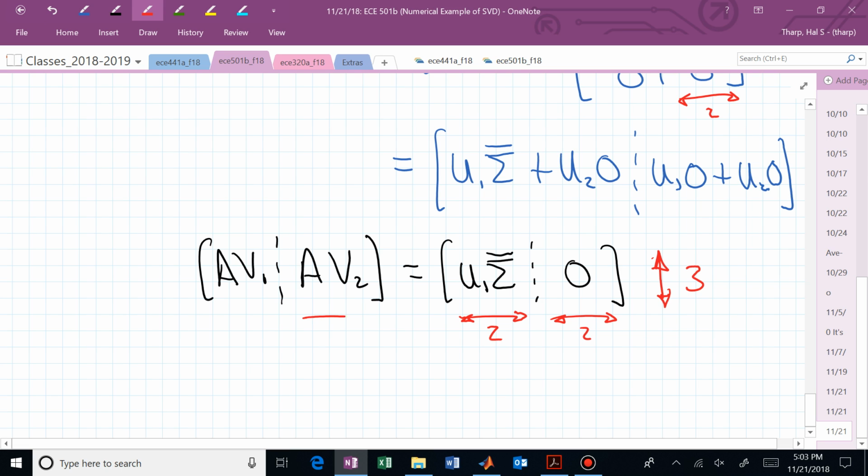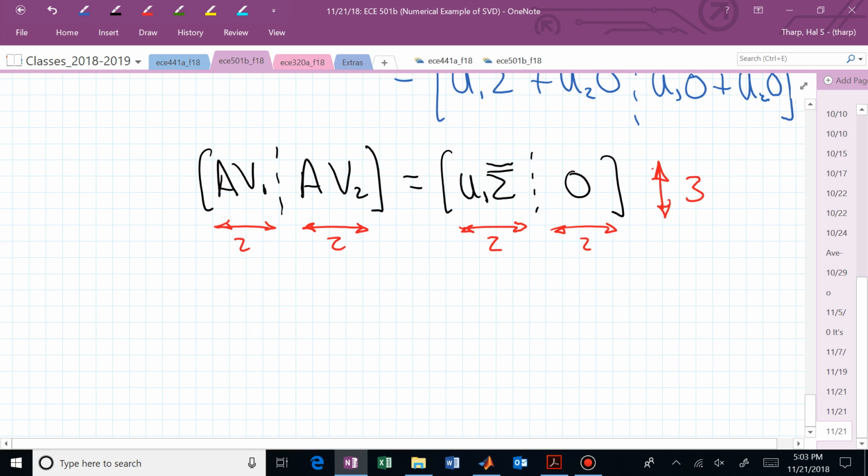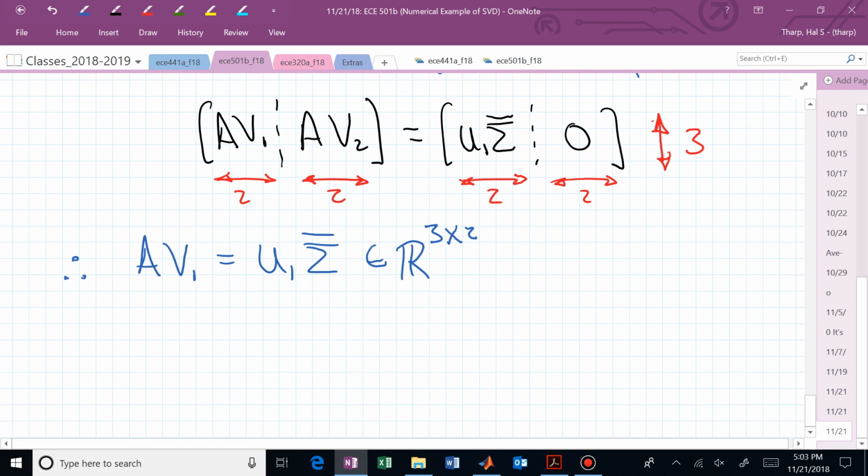So now we can see that V2 consisted of 2 columns, so that AV2 is 2 columns wide, and AV1 is 2 columns wide. What does that tell us? Well, now we can say that AV1 is U1 sigma bar, which lives in a 3 by 2 space, and AV2, which is now 0, lives in a 3 by 2 space.